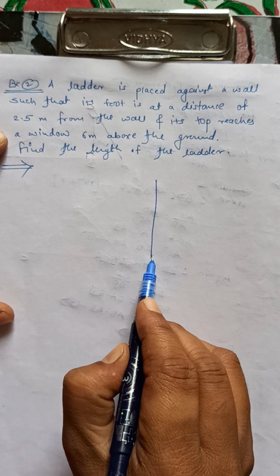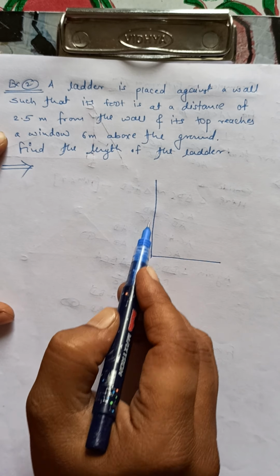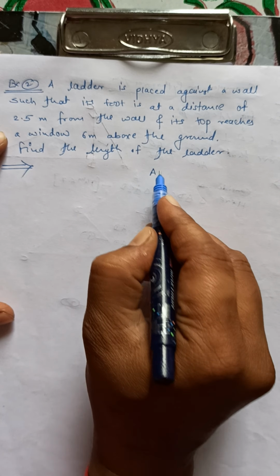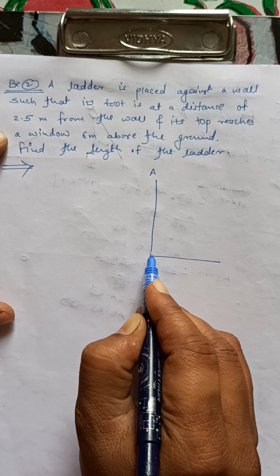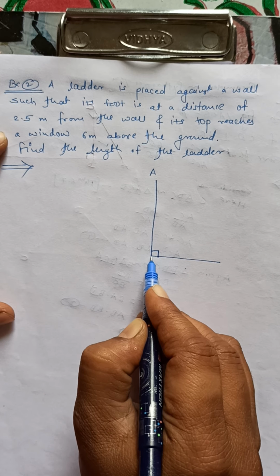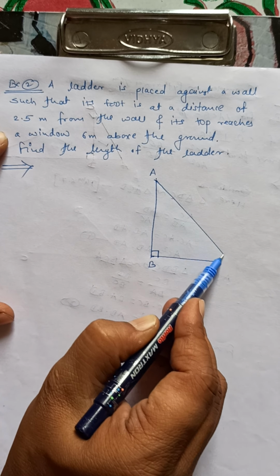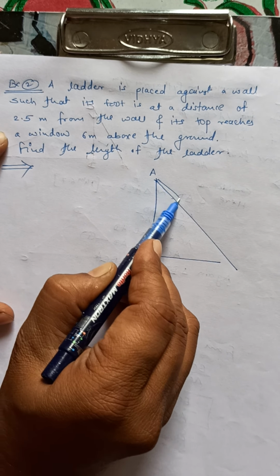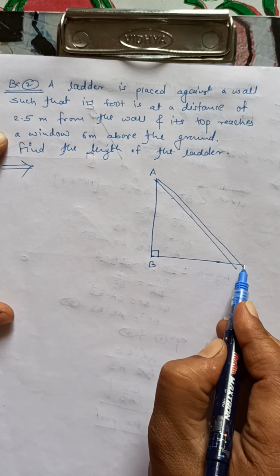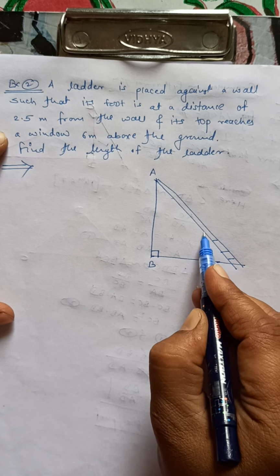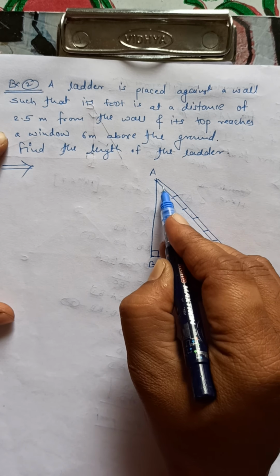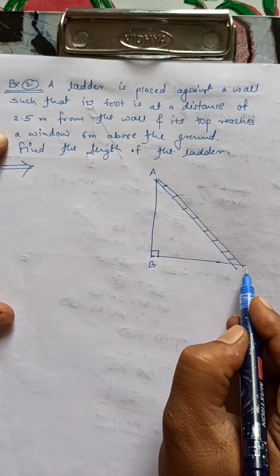Suppose this is the wall. Suppose wall is AB. AB is the wall, which will make the angle 90 degree with the earth, and say here is the ladder. This is the ladder. We can say that ladder is AC.